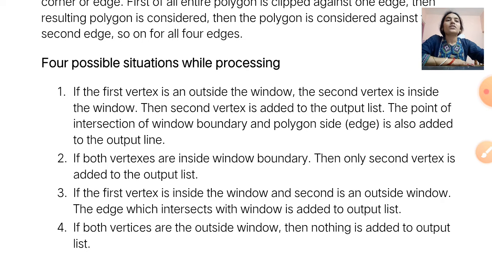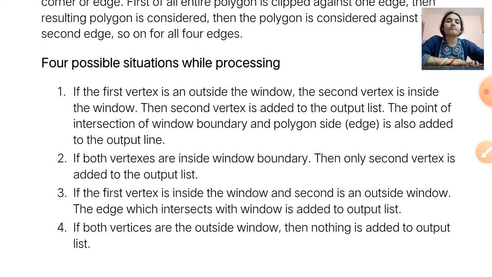The point of intersection of the window boundary and the polygon edge is also added to the output list.